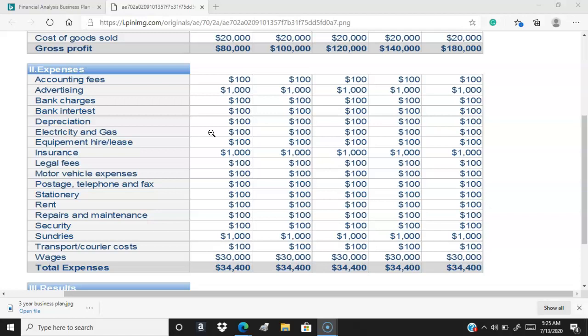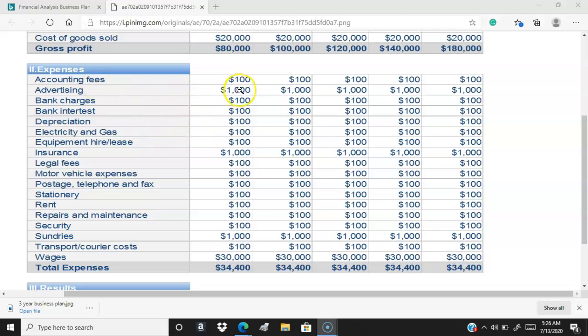So you guys got to have good, sound research and marketing, and know how much it's actually going to cost to start up your business. Okay, so all these are very generic numbers. There's no formula for that unless you've got your research and development.